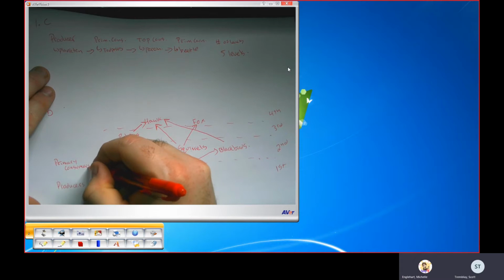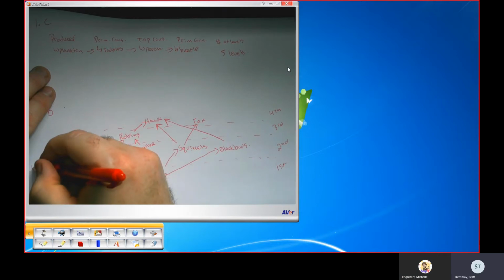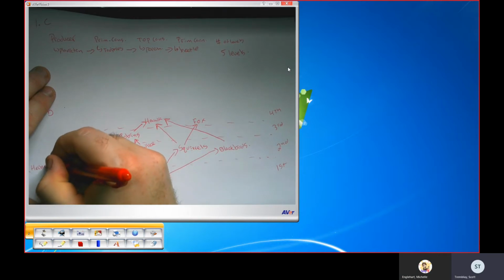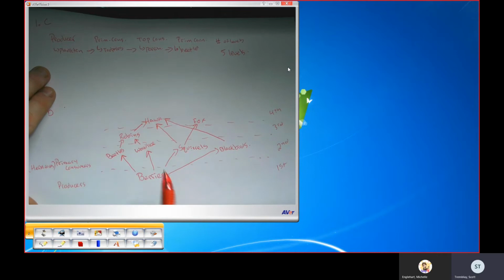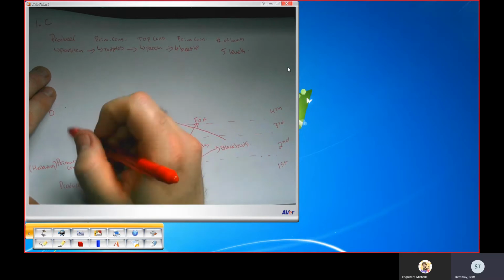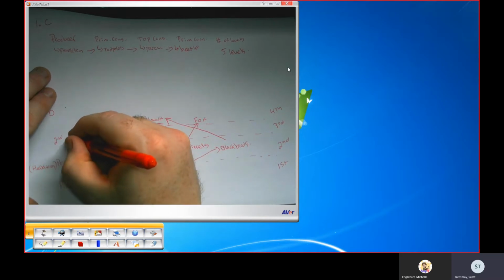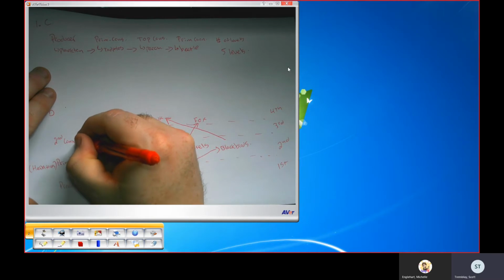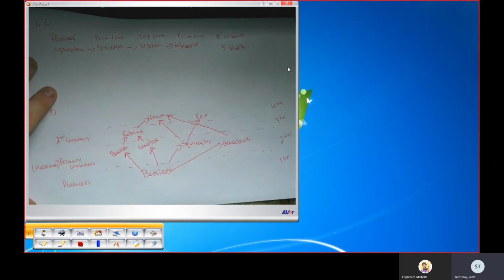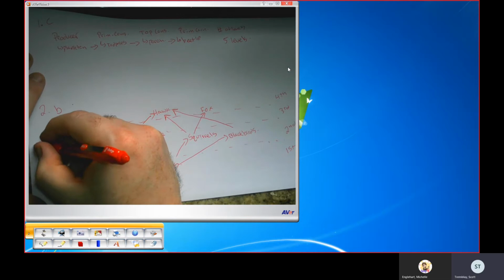Or herbivores. Yep, absolutely, or herbivores. Okay, this level would be secondary, so for that we'll just go like here. Or what else would they be? This is the first level that we have things that are eating other ones, right? So we could also call them carnivores.